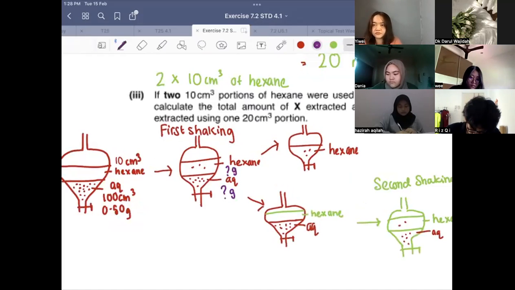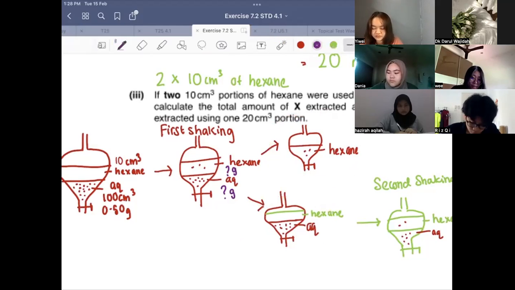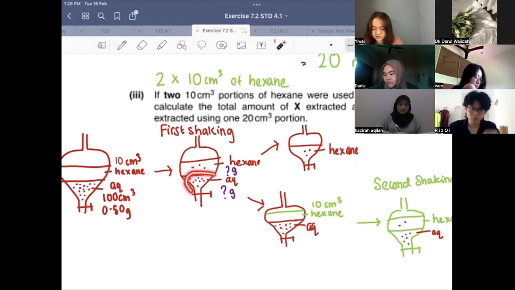See, this is the part where students always get stuck, because it is not explicitly mentioned in the question that you are to separate them after the first extraction, and then you will use a fresh new sample of hexane, 10 centimeter cube, to be added to the remaining aqueous layer. You do not use a new aqueous layer.